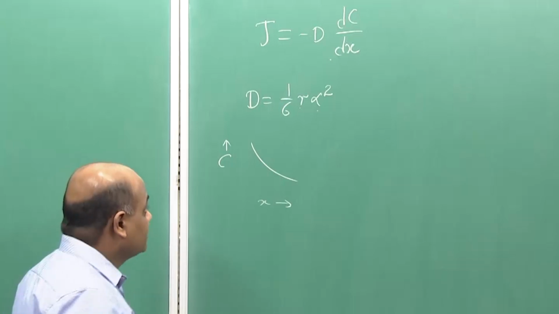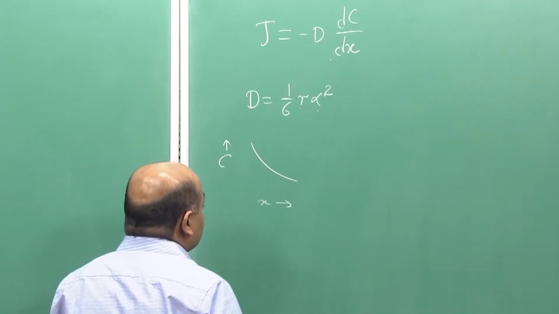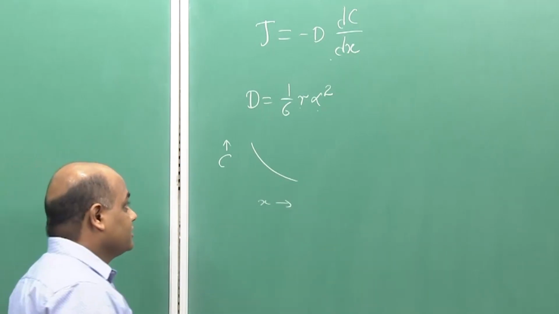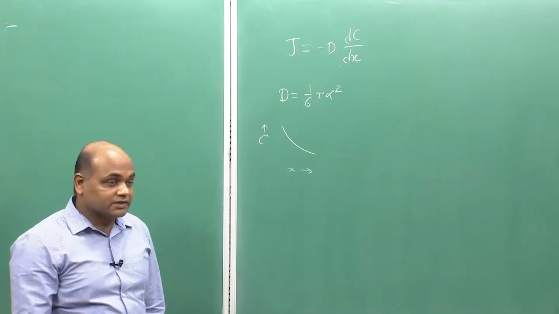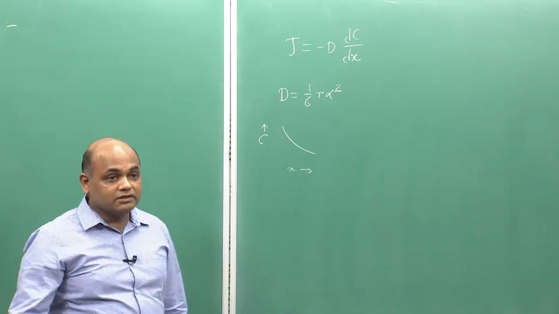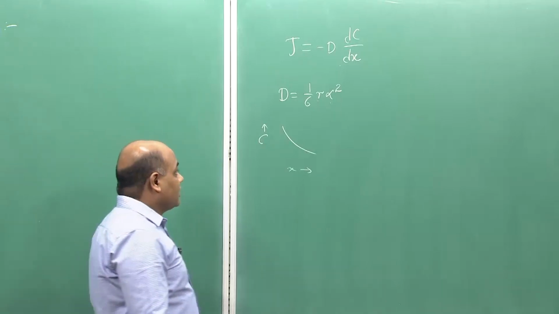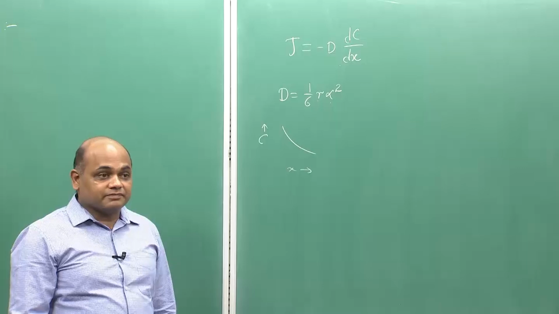In fact, if the concentration gradient is larger and if there are interactions between the atoms, the thermodynamic interactions are stronger, then the jump in the forward direction is not the same as in the backward direction. So we need to take that into account, and the expressions for diffusivity will become more complicated.